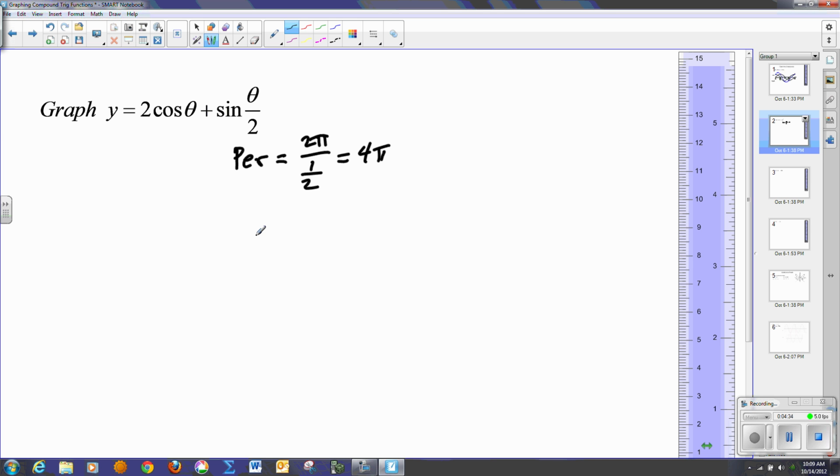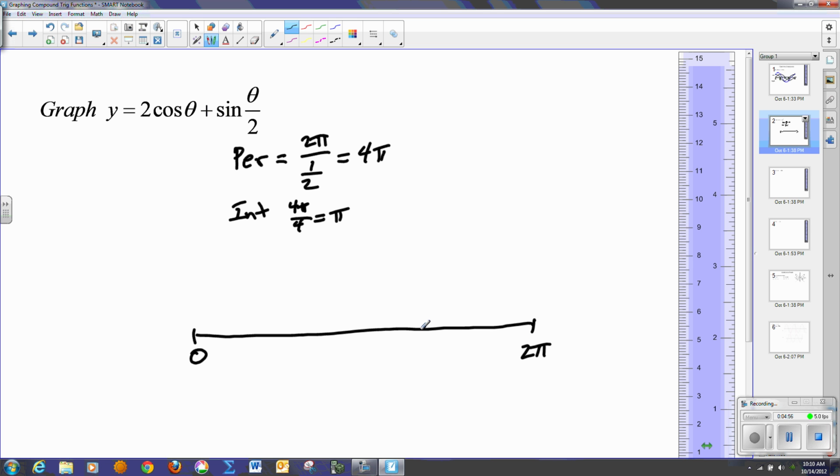And if I look at my intervals, they are going to be in terms of 4 pi divided by 4, or pi. So really in 2 pi, if I go from 0 to 2 pi, only half of this second graph will be represented there.